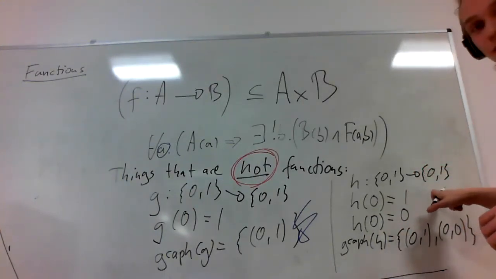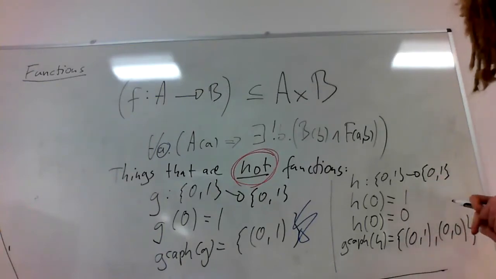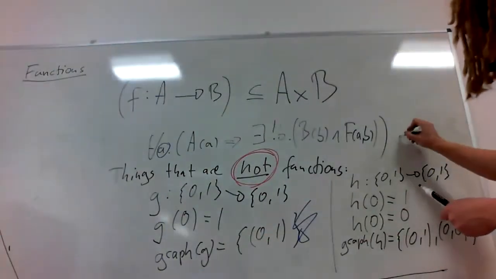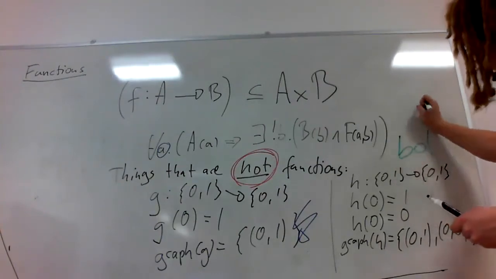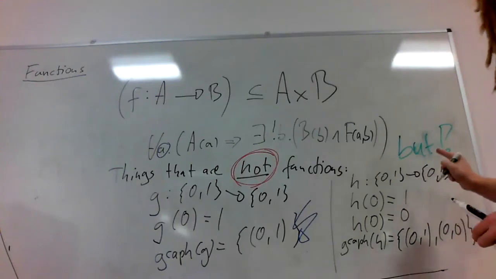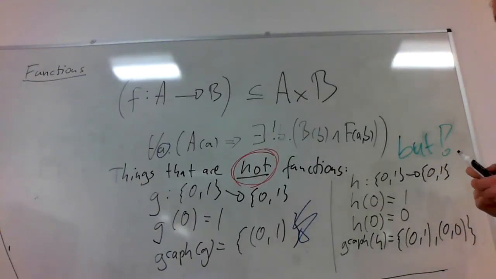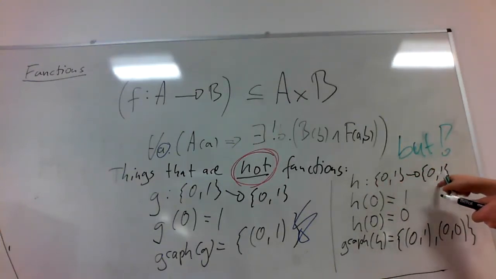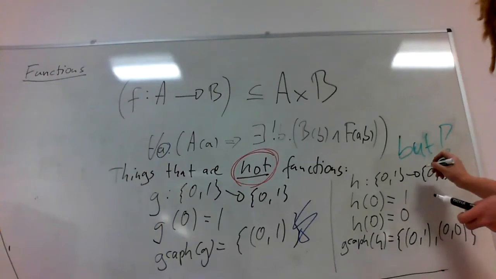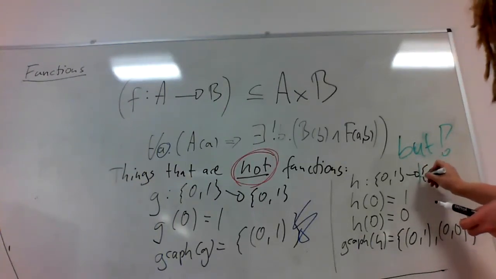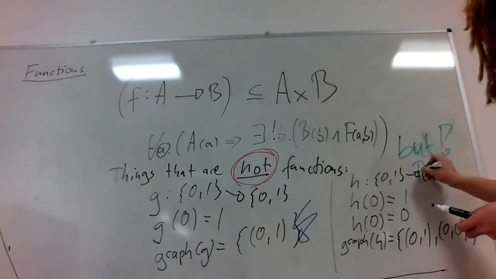It's obviously not defining it like this, but if we want to define this, then we can say our function doesn't map from {0, 1} to {0, 1}, but into the power set of {0, 1}.